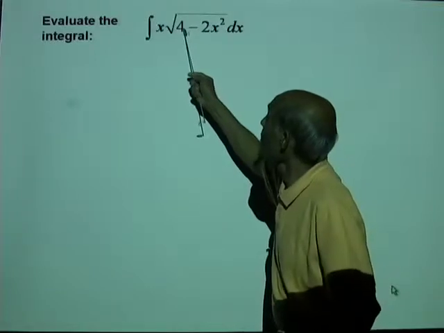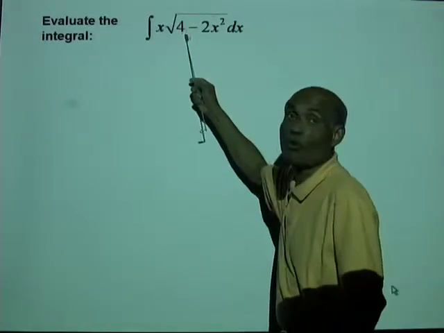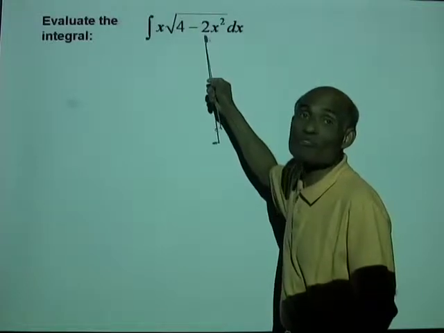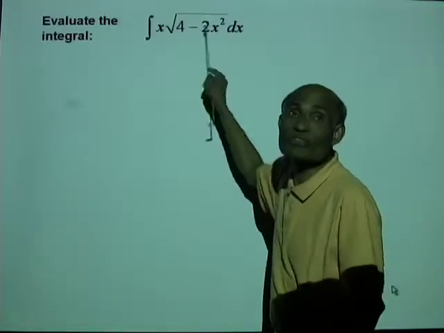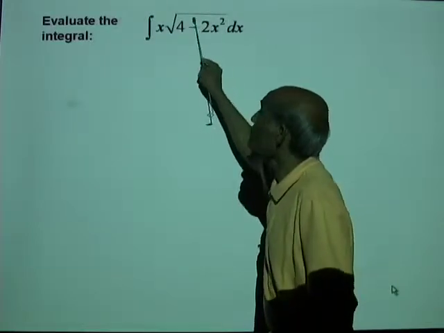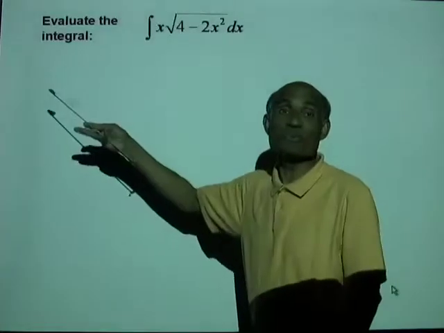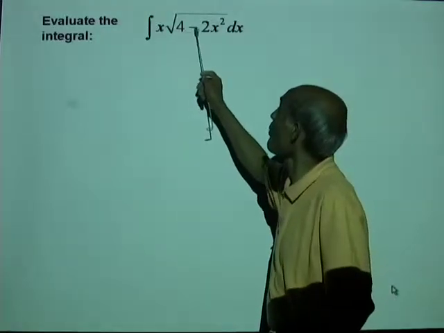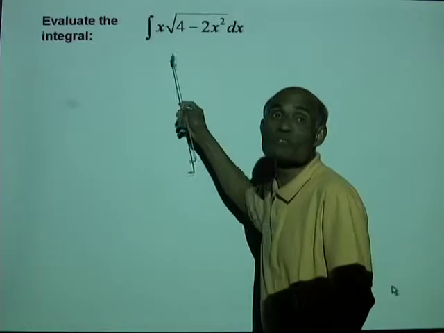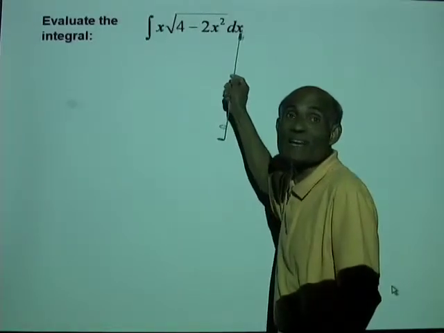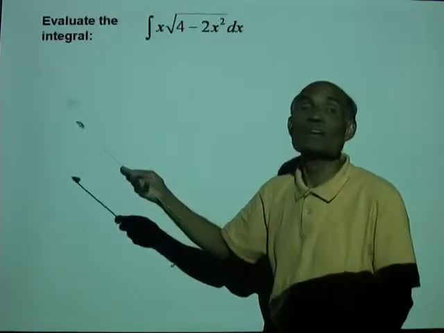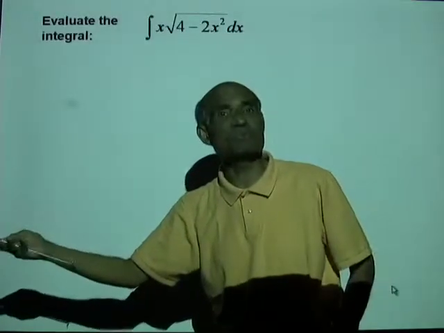Because if you look at the quantity inside, 4 minus 2x squared, the derivative of this contains x dx. That means you can now replace this quantity by u. You can make a substitution, 4 minus 2x squared equal to u, and then the derivative of this will contain x dx. Therefore, x dx can then be replaced in terms of u.